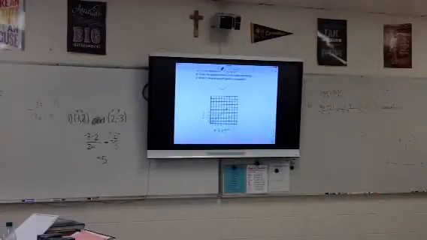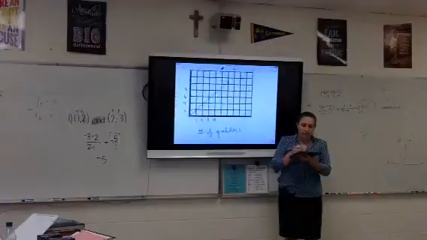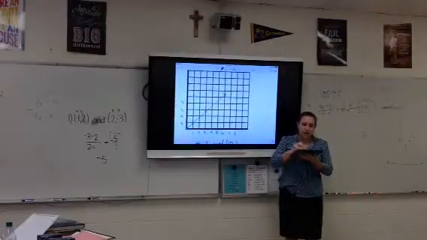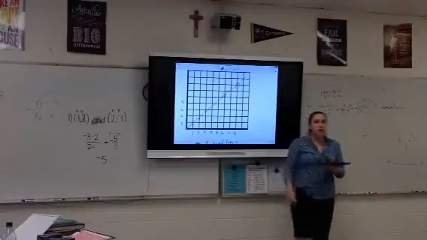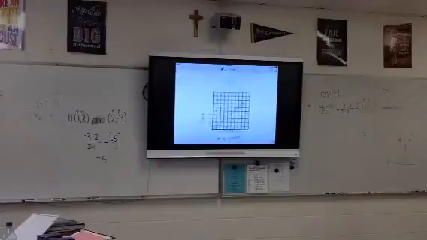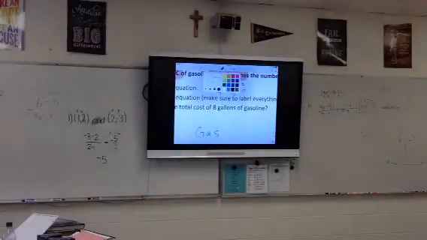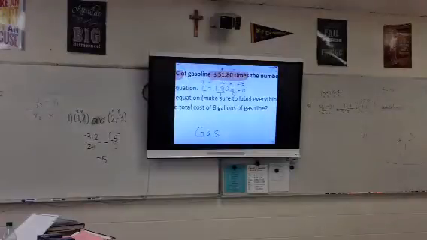Okay, last part. What is the total cost of 8 gallons of gas? So now, I could take my graph out here, 5, 6, 7, 8, right? And I could get an estimate about where it crosses. And that's one way to do it. How else could we for sure get the right answer though? 1.80 times 8 gallons.